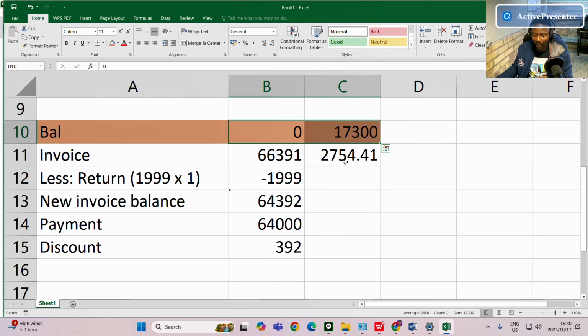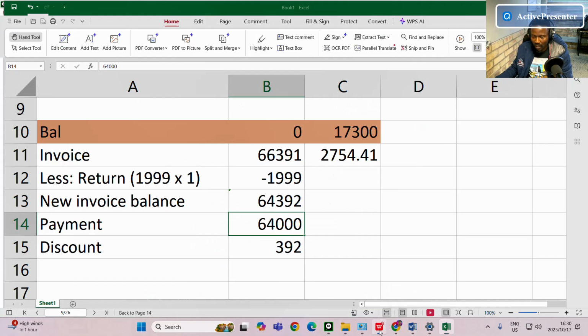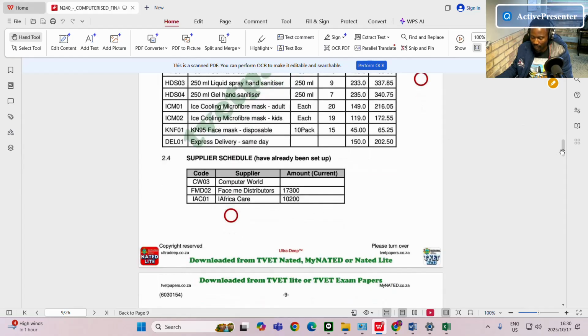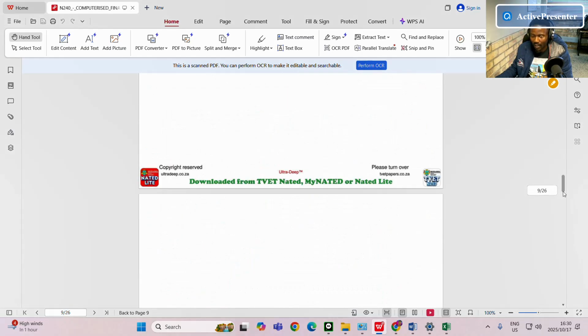I will get to it once I get this amount, the payment. So I'll show you how to get the payment. Only then will I add the opening balance. All right. If I'm not making sense, just wait. You will see what I'm talking about.